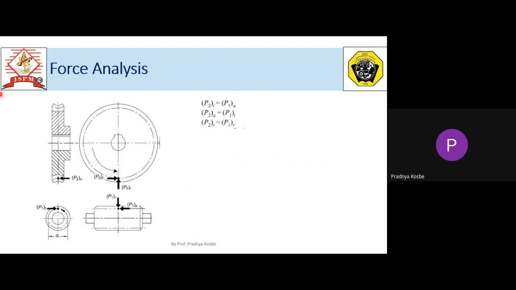Now for force analysis, you can see over here, this is a worm and this is a worm wheel.